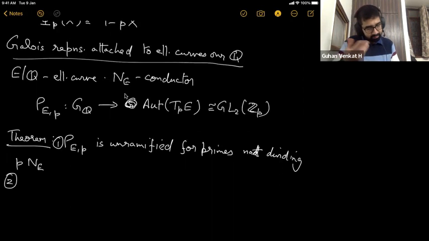And of course, if you have an unramified representation, the natural question is to ask what the characteristic polynomial looks like.